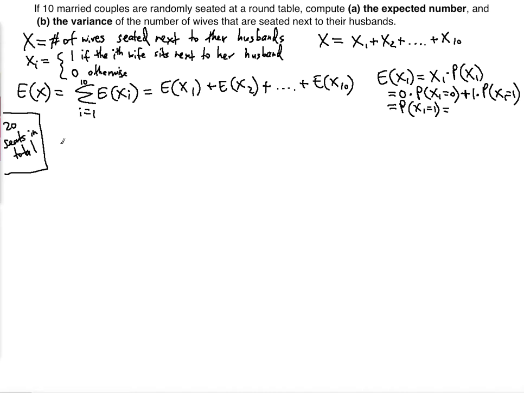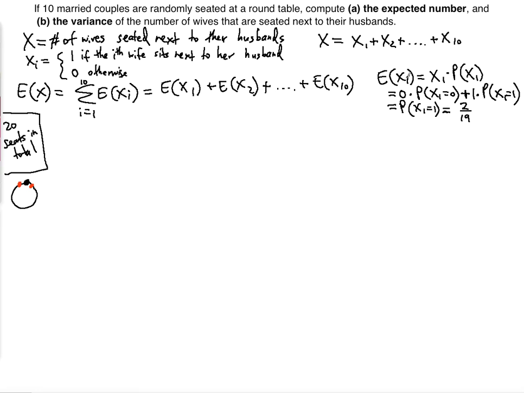Right? If the husband's seated, he's seated here. Then there are 2 seats around him, right? And there are 19 seats in total that the wife can take, and there are 2 around him. Right, so the probability that she's sitting next to him is going to be 2 out of the available 19 seats. Right, so it's going to be 2/19.